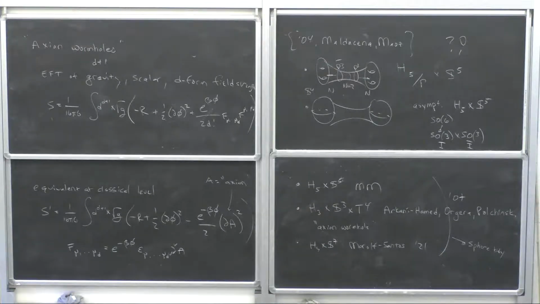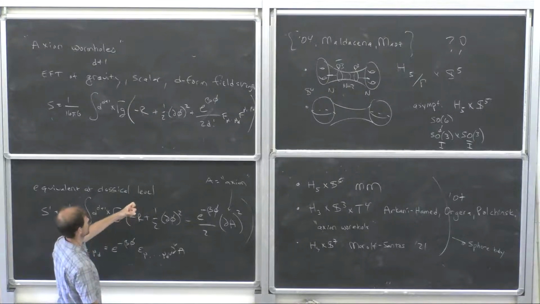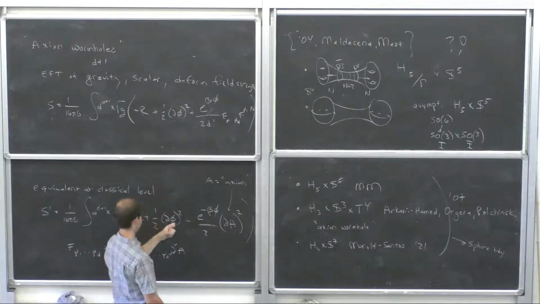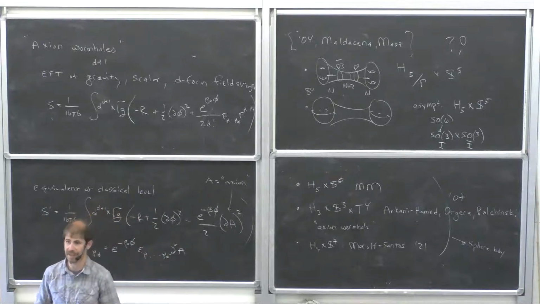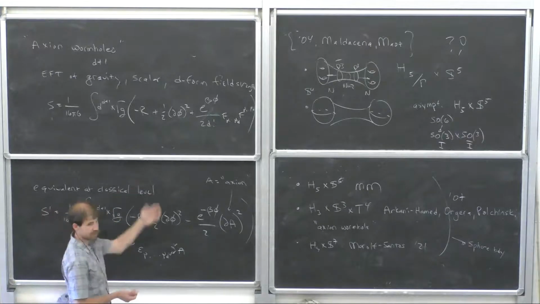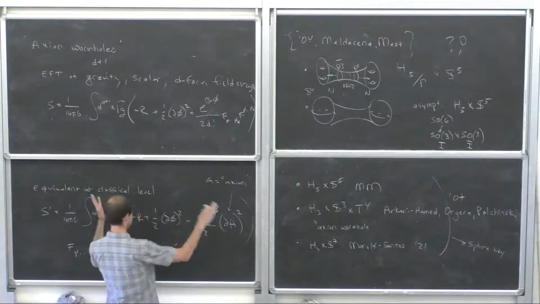What happens in string compactifications is that you have various moduli. You can phrase all those moduli in terms of scalars in the lower dimensional description. When you do that by dualization, you can group all of this together.